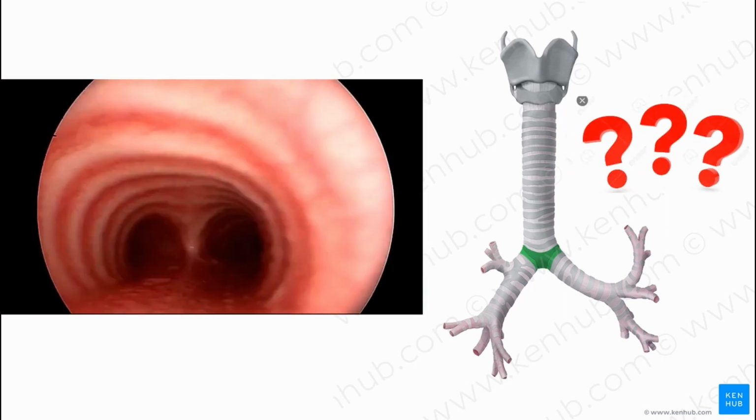And this is an endoscope. When you go down the trachea, you reach the point of bifurcation of the trachea into right and left main bronchi, and here you find the openings of the two primary bronchi.